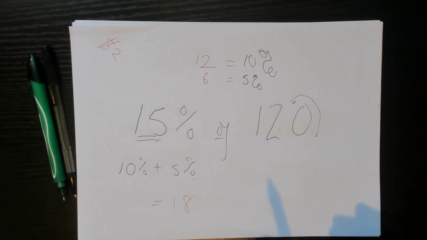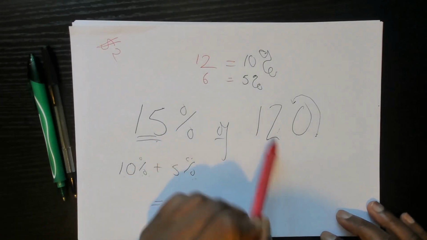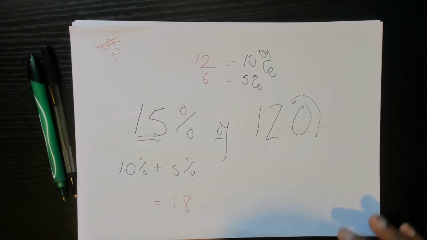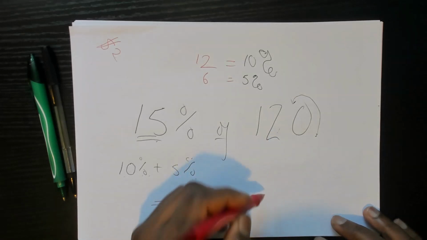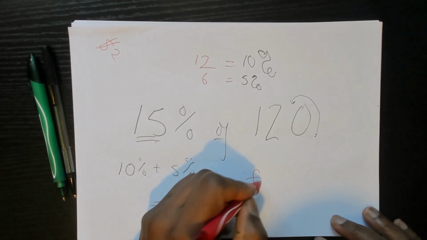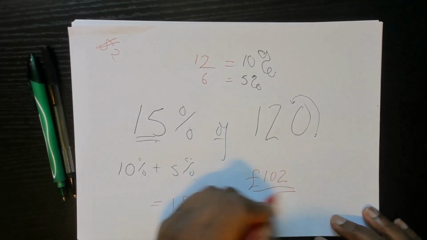Amazon is giving us a generous 15% off of the asking price of 120. 15% of 120 equals 18, which means we can take £18 off the asking price, which would leave us with a total of £102 to be paid for the phone.